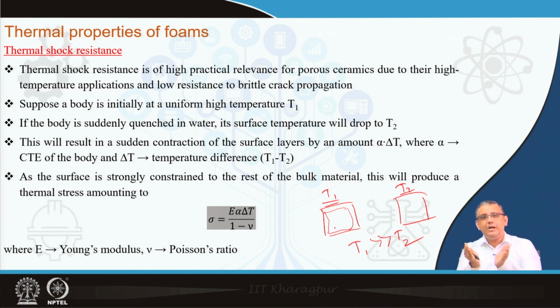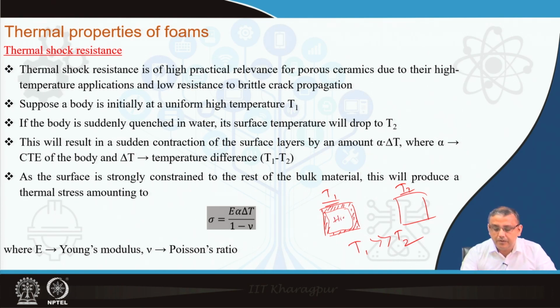The outer skin of the body will always try to cool very fast, that means it will try to attain the dimension for that temperature. So, the outer surface will try to contract, but the inner core will have a lower temperature gradient, because the temperature of the inner part will remain high.